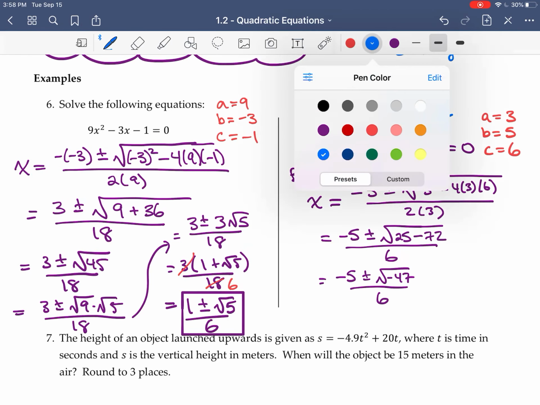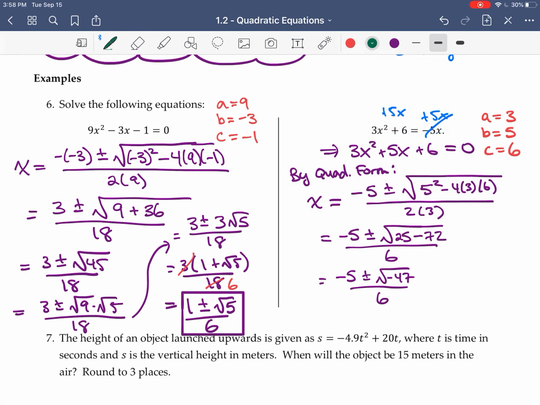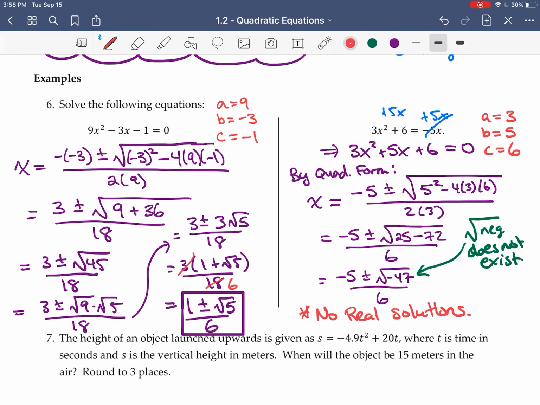And now we see that there's a problem. Okay, so a square root of a negative number does not exist. Okay, so that means that what we get here are not real numbers. Okay, so that means that this equation has no real solutions, or no solutions.